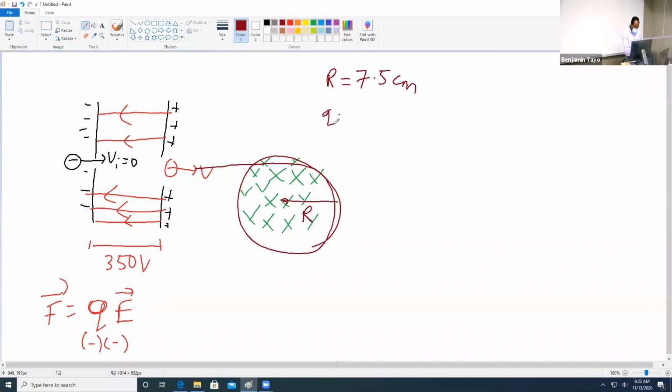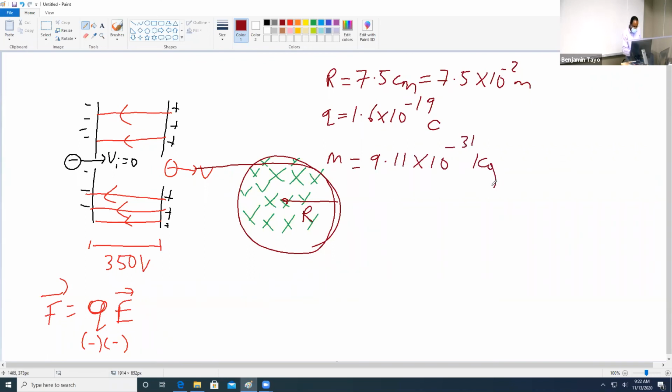The charge of an electron is 1.6 times 10 to the negative 19 coulombs. We can write this as 7.5 times 10 to the negative 2 meters. Mass of an electron is 9.11 times 10 to the negative 31 kilograms.